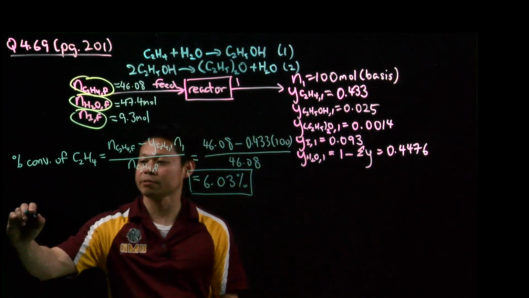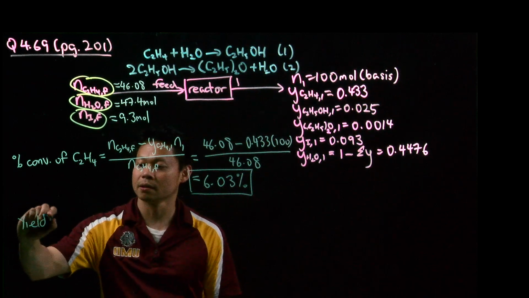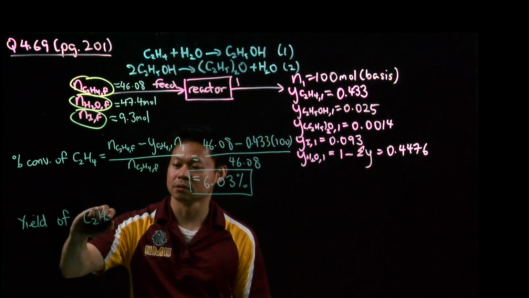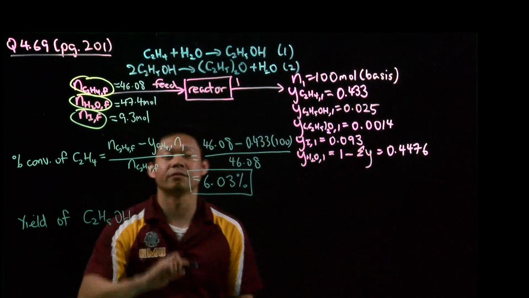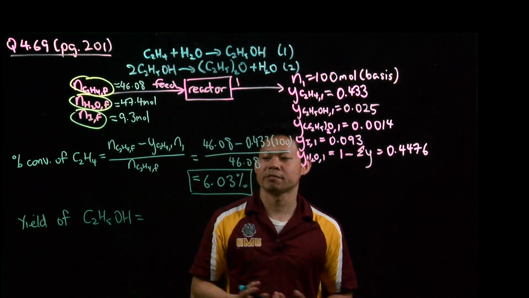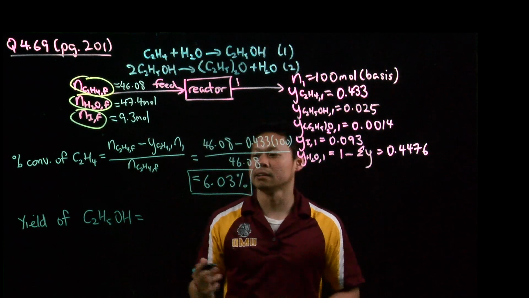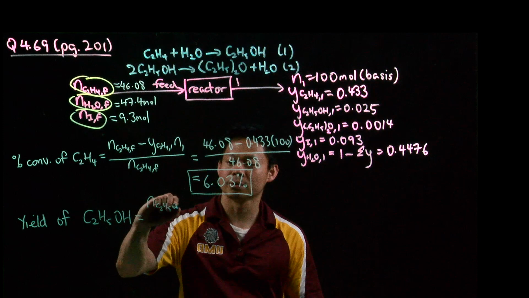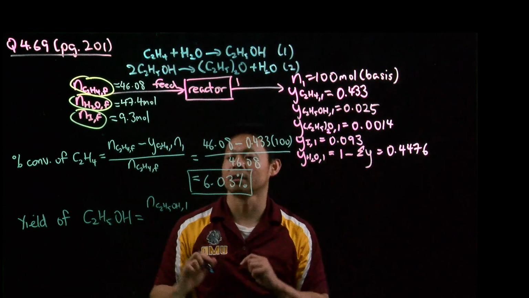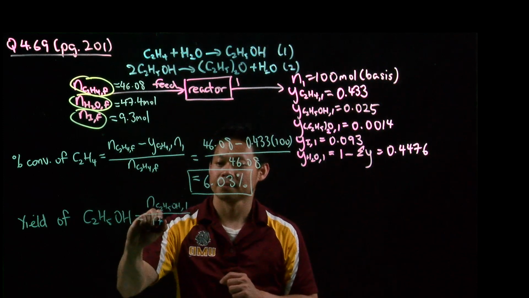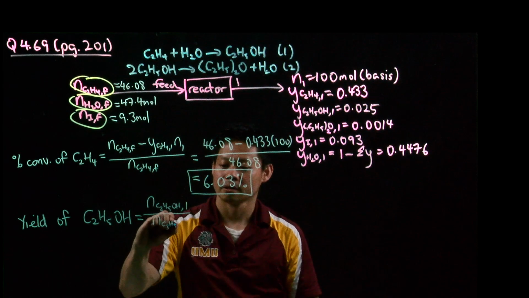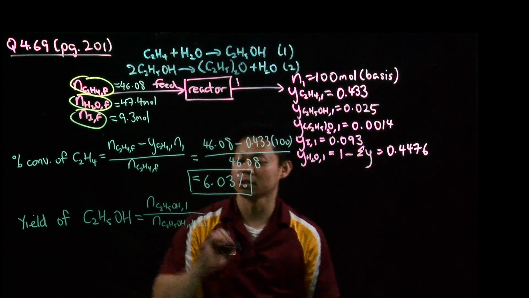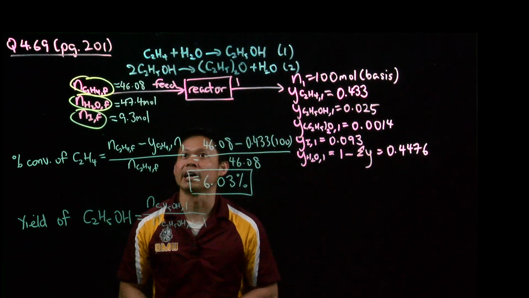All right, the next thing it asks for is the yield of our ethanol. The definition of yield is the amount of C2H5OH that we get over ideally how much we can get. So the amount of C2H5OH we are getting is what we get out of our product down here. And the question is, what is this ideal number of moles of C2H5OH that we can get?